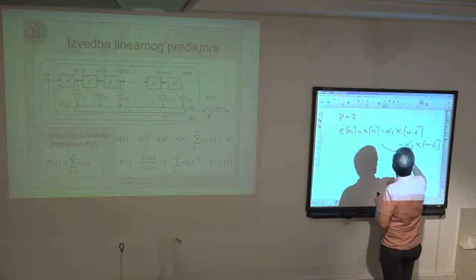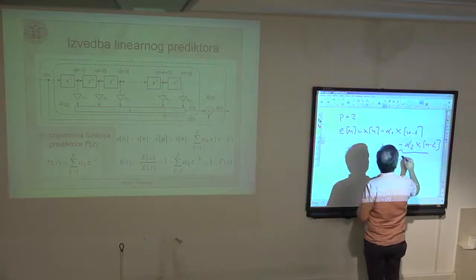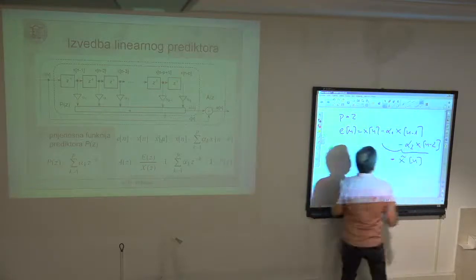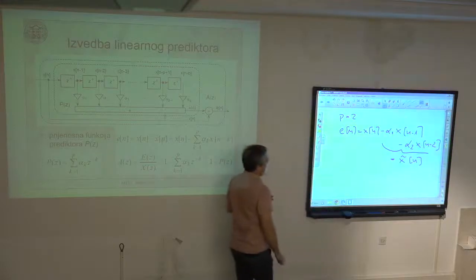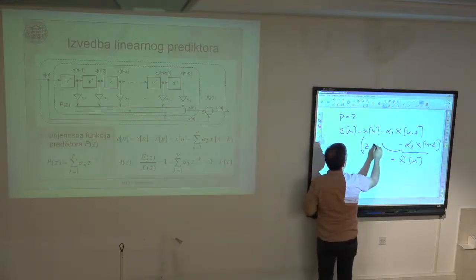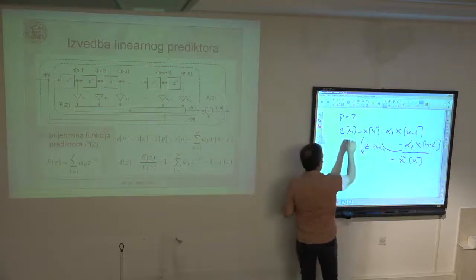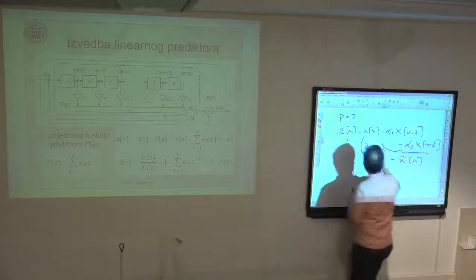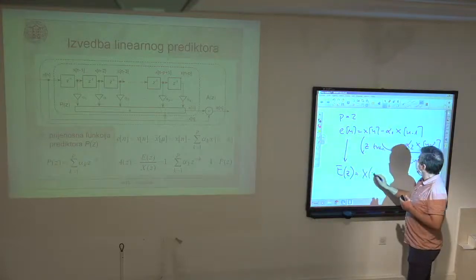So this here is minus x tilde of n. Okay? And then by applying the z transform, this is then E of z, and this here is X of z.